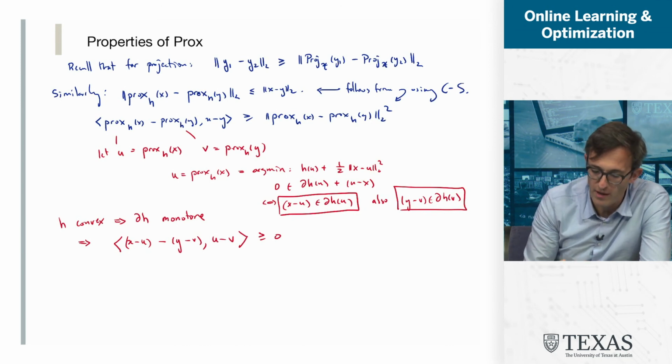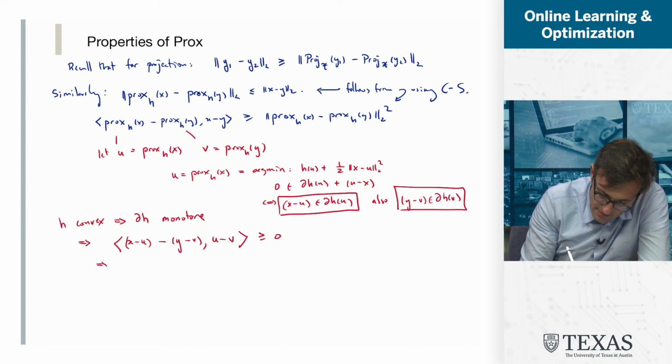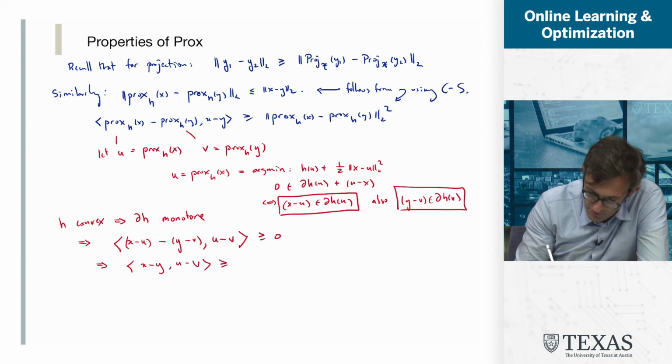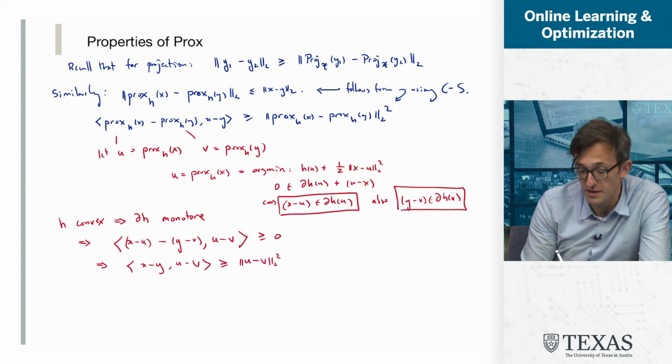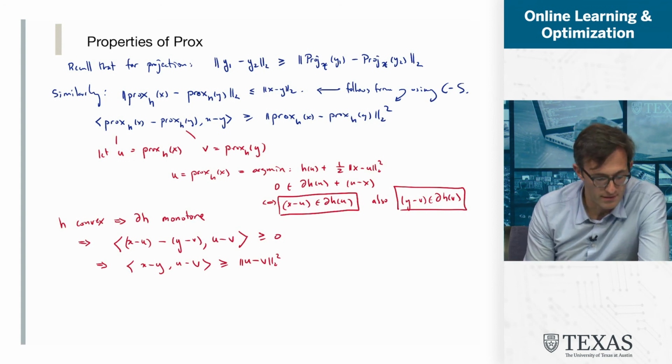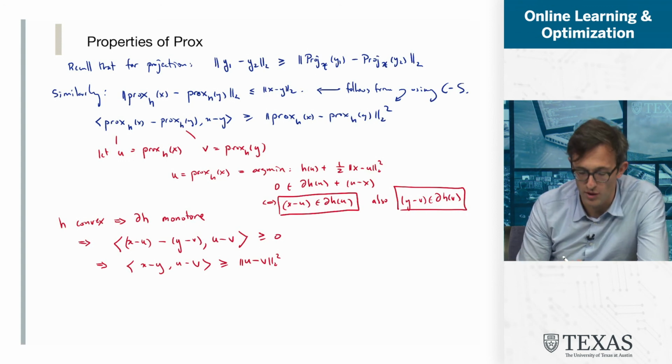And if we write out what this is exactly saying, x minus y, u minus v, is greater than or equal to the norm of u minus v squared, u minus v dot product with u minus v. I brought that over onto the right-hand side. And this is exactly the inequality we want to write.